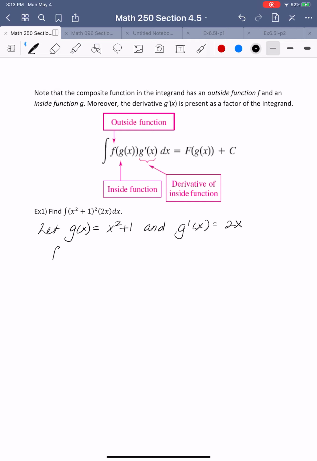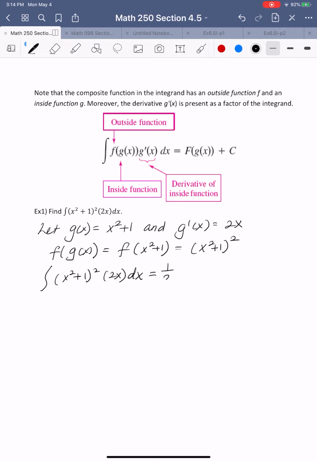So this is actually the form of f of g of x, which is f of x squared plus 1, and then you plug it into the x squared plus 1 square. From this, you can recognize that the integral follows the f of g of x times g prime of x pattern. If I use the power rule of integration, then I have the integral of x squared plus 1 square times 2x dx, and I get 1/3 of x squared plus 1 cubed plus c.